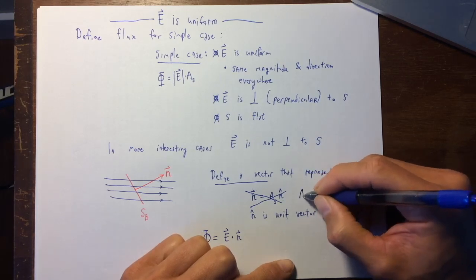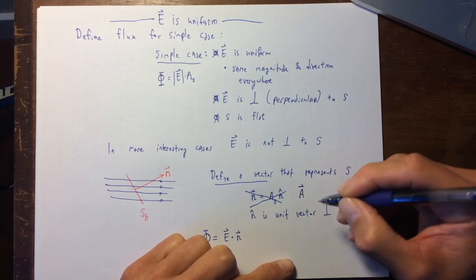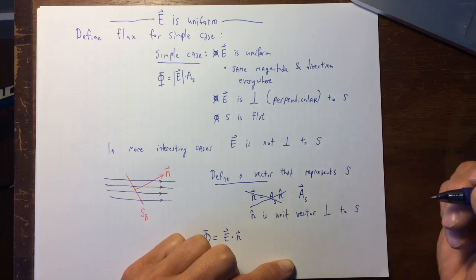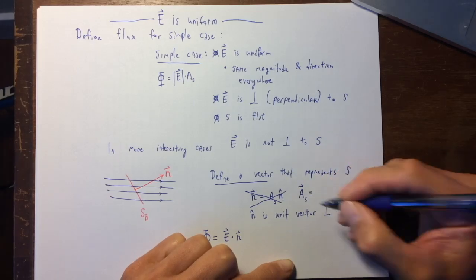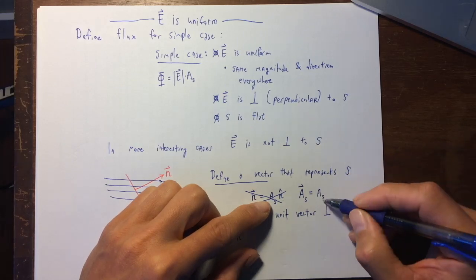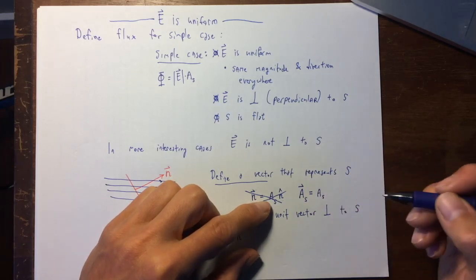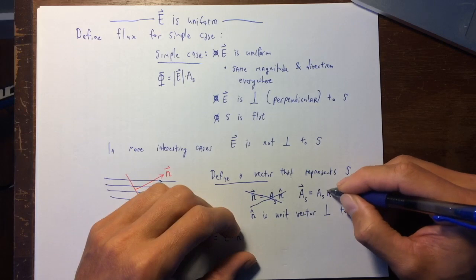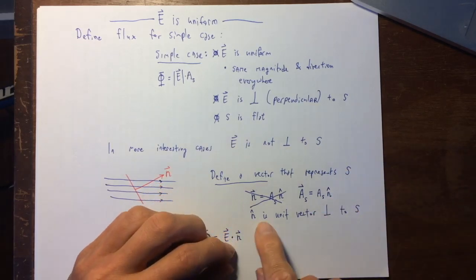Let's define a vector called A that represents the surface. And it is the area of A, so that's just the size of the surface, multiplied by n hat, where n hat is defined here.